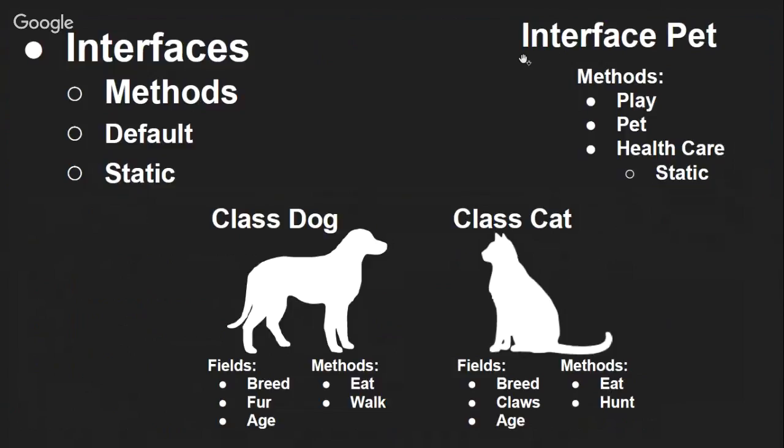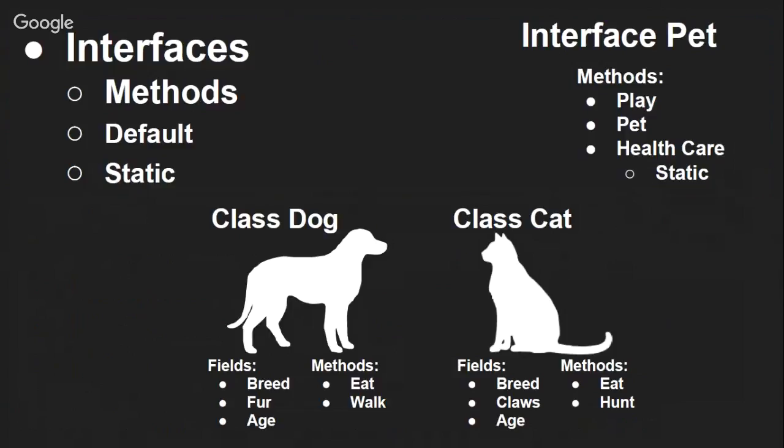And we are going to create an interface named pet, because we want to create a group of related methods for both of these classes.